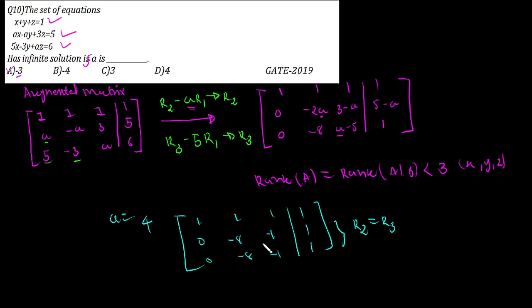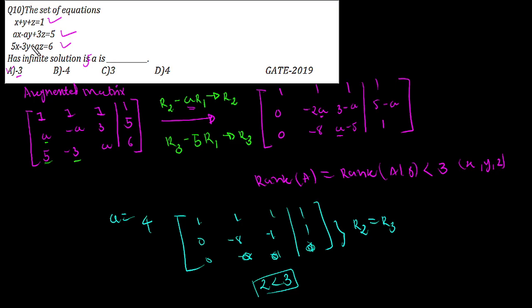I can further reduce this matrix with some extra row operation. Simply subtract the second row from the third row, so we can make all entries 0. Now we can say the rank of the matrix is 2, which is less than the number of unknowns. So our system has infinitely many solutions.